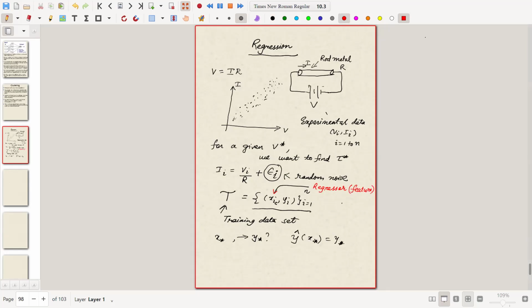So whenever in machine learning you come across regressor, it is the same as the independent variable. Okay, yi, what is yi? yi is your response, also known as the label.